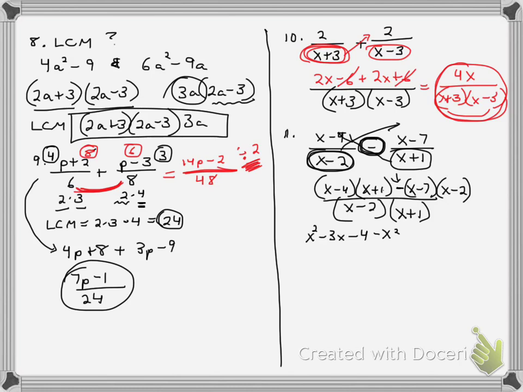I'm going to get negative 2x minus negative 7x is going to be negative 9x, but then I'm going to pay attention to this, so I'm going to get plus 9x. And then it's going to be positive 14, but paying attention to this again, minus 14. So that's where you're going to go wrong here.